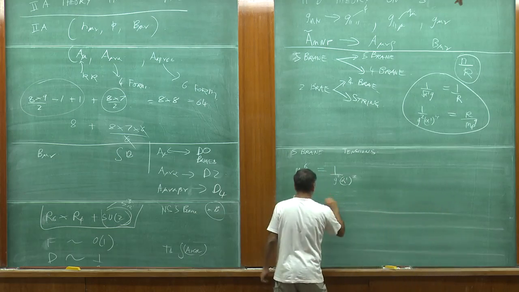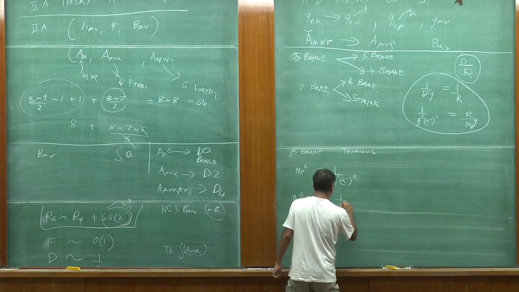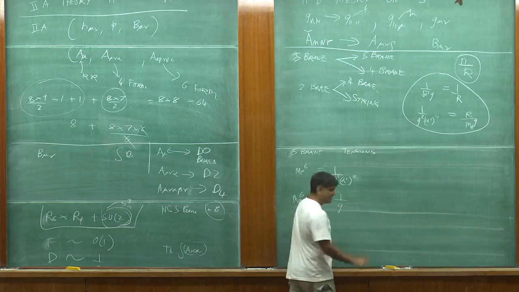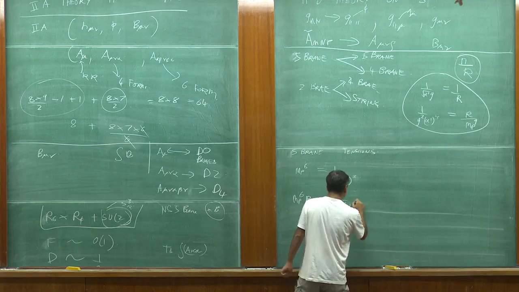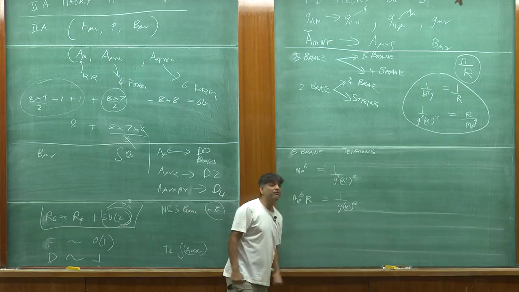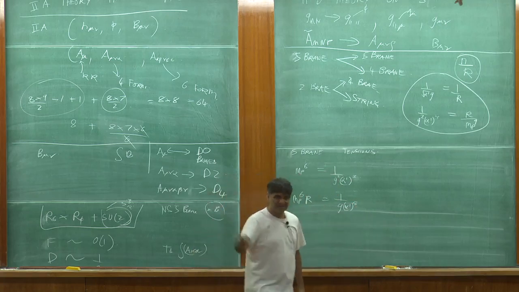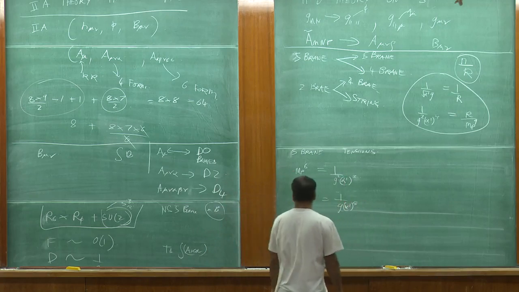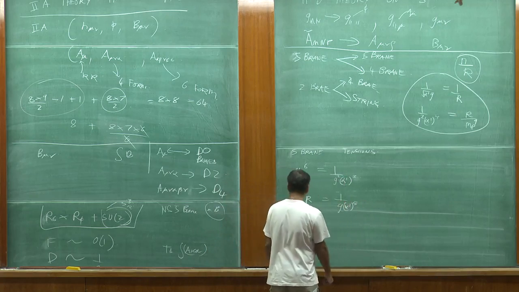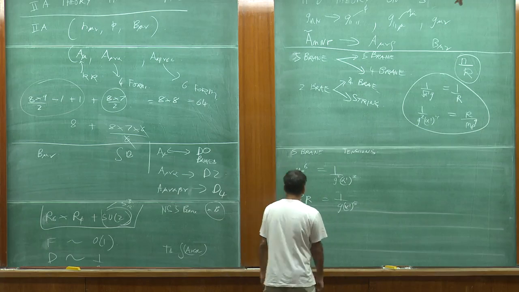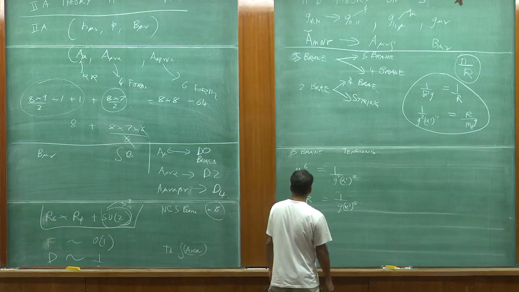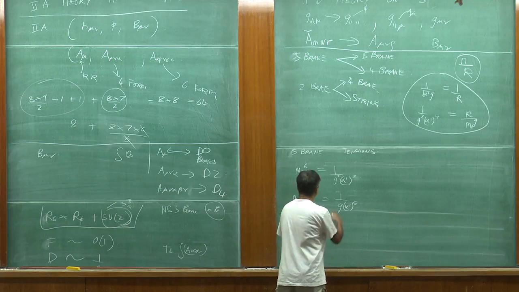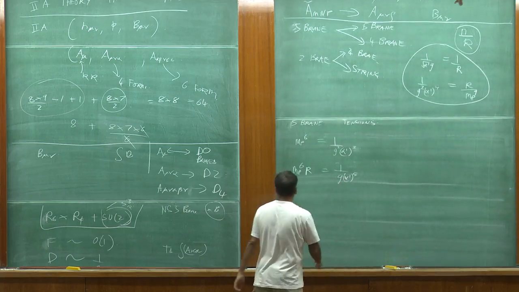This should map to 1 over g times alpha prime to the power 5, because this was a D4-brane on the string theory side. Already, okay, let's keep going and then we will see.